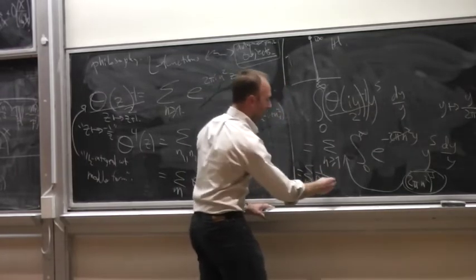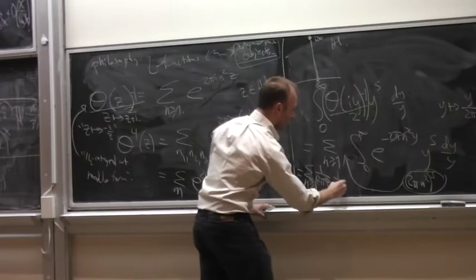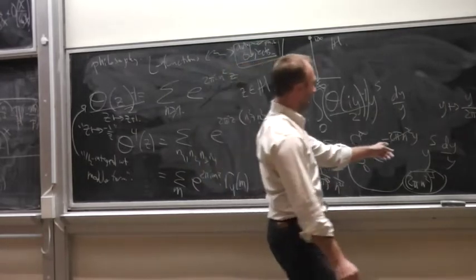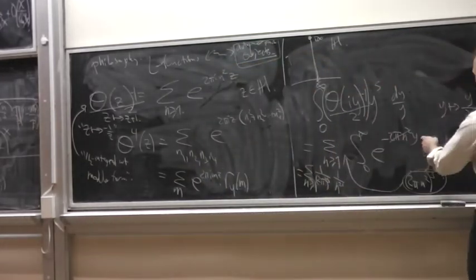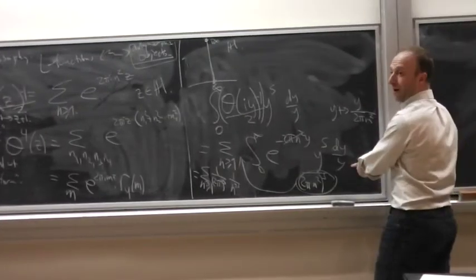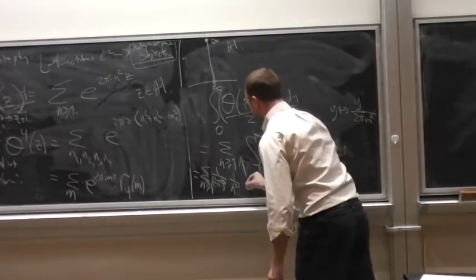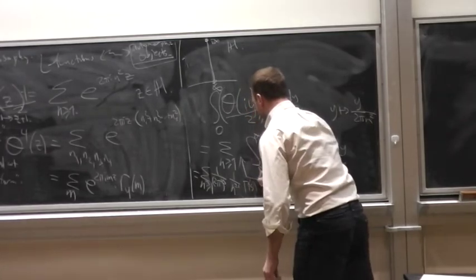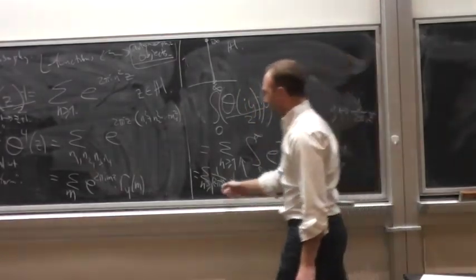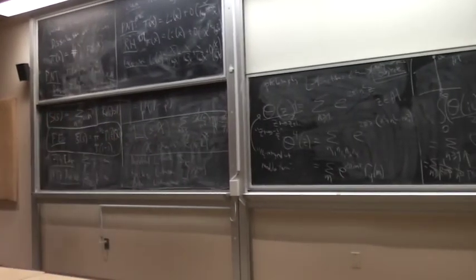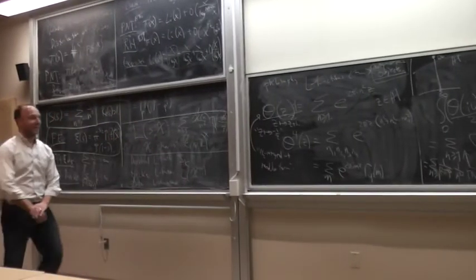In fact, that can pull all the way out, 1 over n to the 2s. And what's left here is e to the minus y, y to the s, dy over y, which is your gamma function, gamma of s. In fact, this is nothing more than this completed zeta at 2s. Minus 1. I'm sorry.